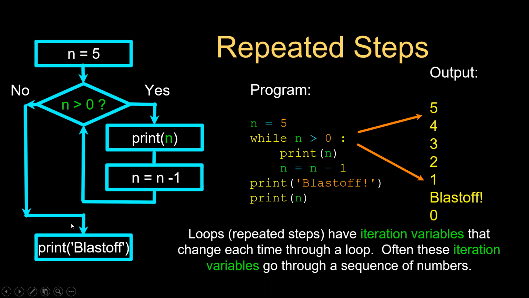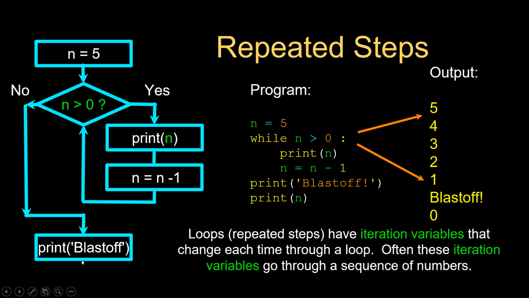Just see over here, this is the corresponding flow chart. As long as the condition is true, it keeps doing the thing and checking again. So this actual loop continues over here. The moment n becomes equal to 0, it comes out and prints blast off.